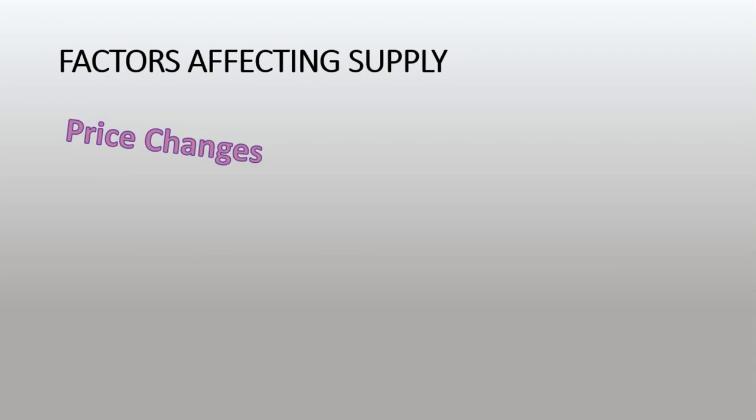And just as we mentioned for demand, there are also certain factors which could affect the supply of a good. These factors which affect supply could look at price changes, where the suppliers decide they want to change their price. Natural disasters, it looks at the production of goods which need to grow and whether the growth can actually take place.